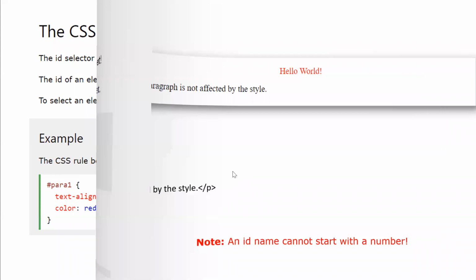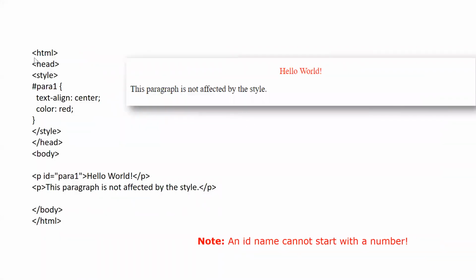Let's see how to use it practically. So let's see the HTML. Here style open, style close. Within that you can see hash para1, and normally it's a style. When I use it in the paragraph, I write P, space, ID equals para1, hello world.